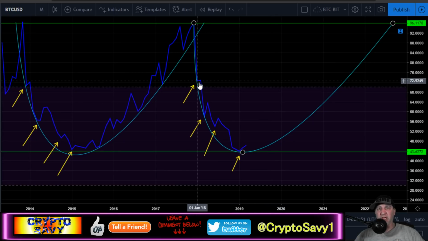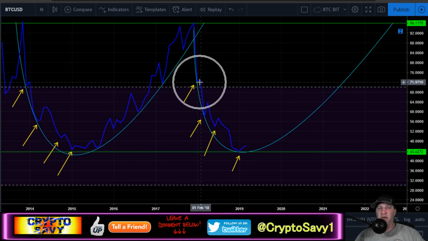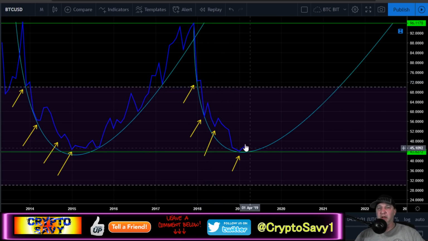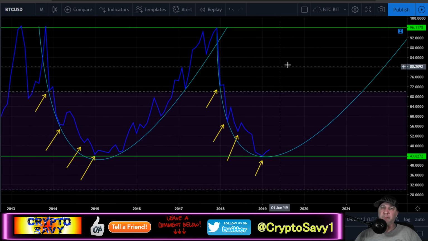Obviously, in the 2018 bear market here, same thing. I have 4 arrows, each at lows on the RSI. And now we could get some sideways motion here till maybe July or August, and then continue the bull run. So yeah, that's my view and what I'm seeing, guys.